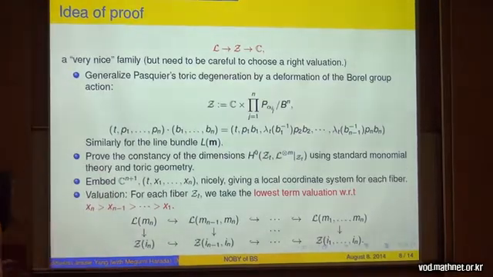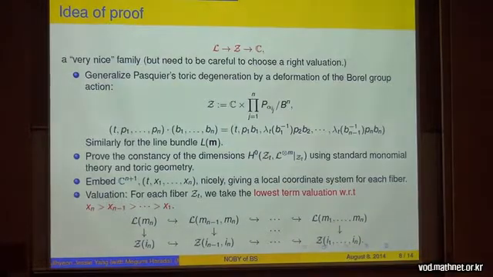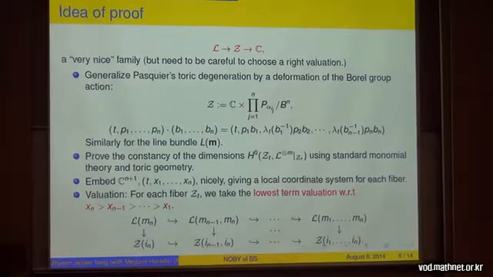We prove this constancy of these dimensions along the fibers using standard monomial theory and representation theory developed by Lakshmibai, Littelmann, and Magyar. And on the other side, we use toric geometry.